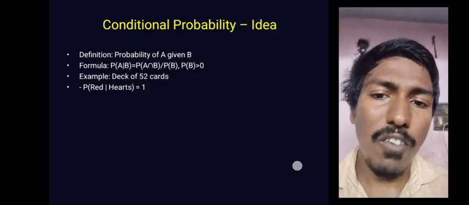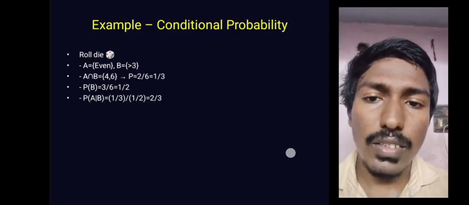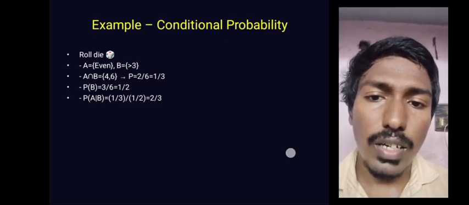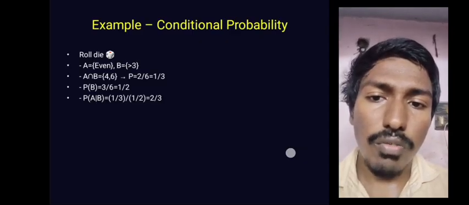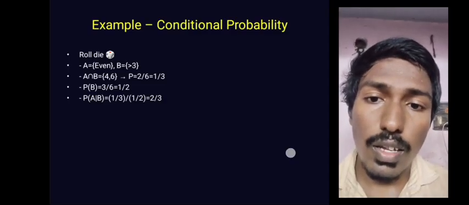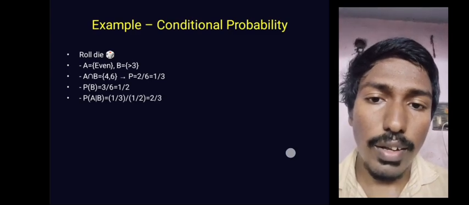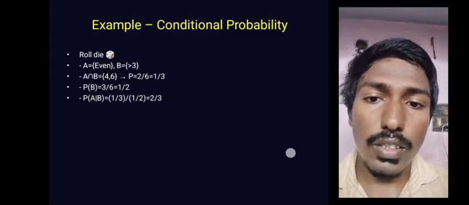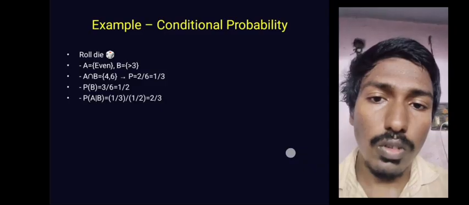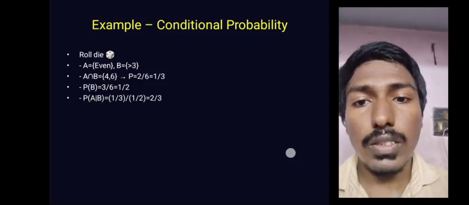One more example of conditional probability in this slide: P of even given greater than 3. Let us assume A is even and B is greater than 3. A intersection B has two outcomes in the sample space, so 2 by 6 is equal to 1 by 3.